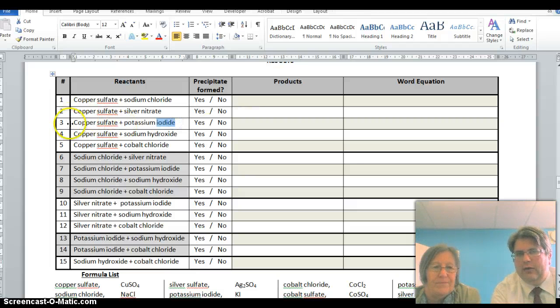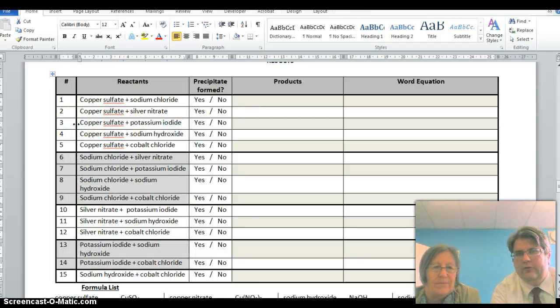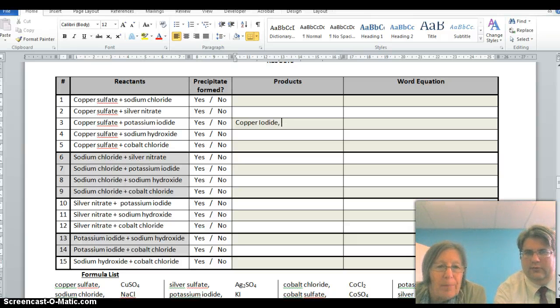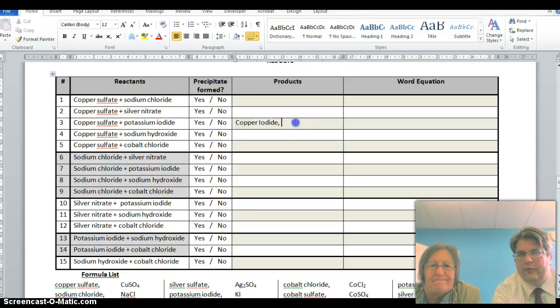So you're going to get copper iodide as one of the products. So I'm going to write that in here. Copper iodide. What do you think the other product would be, Mrs. Woodruff? Well, if you've attached copper to iodide, the other one would be potassium sulfate. So the other product would be potassium sulfate.